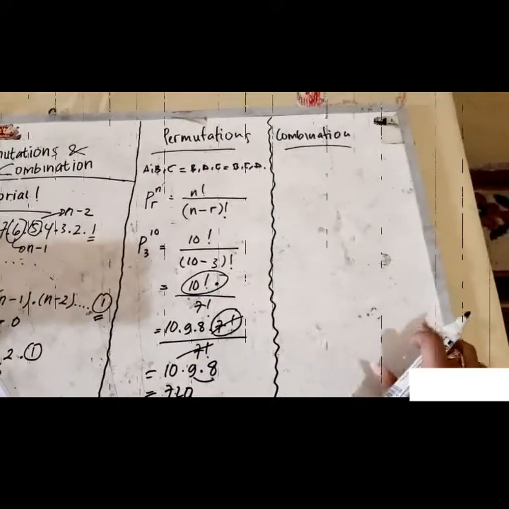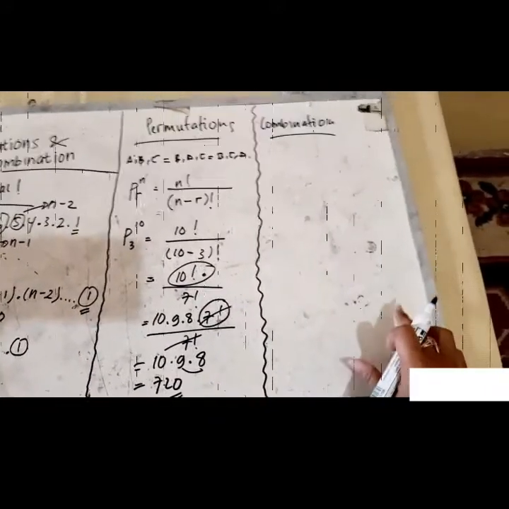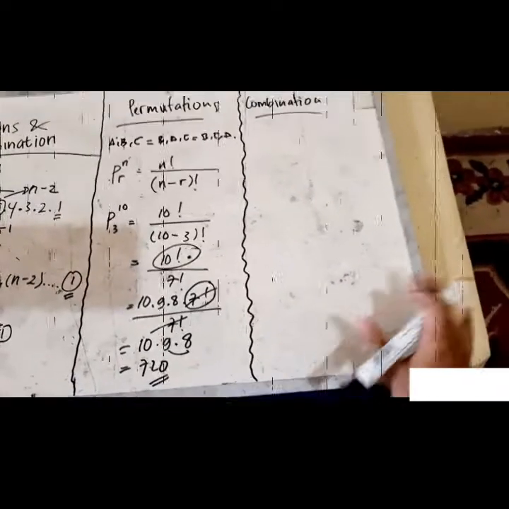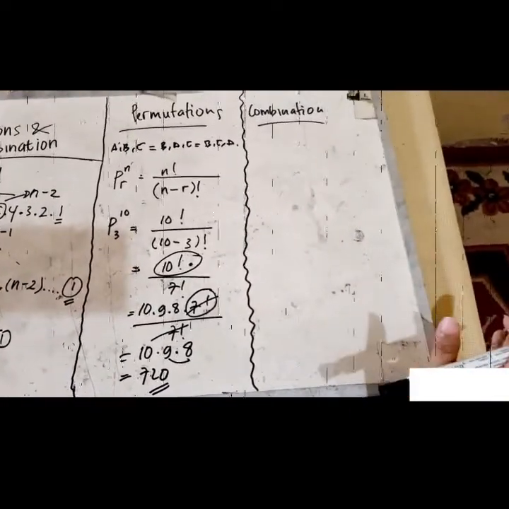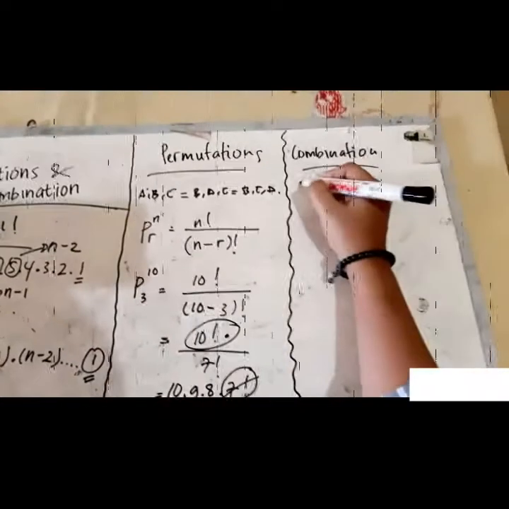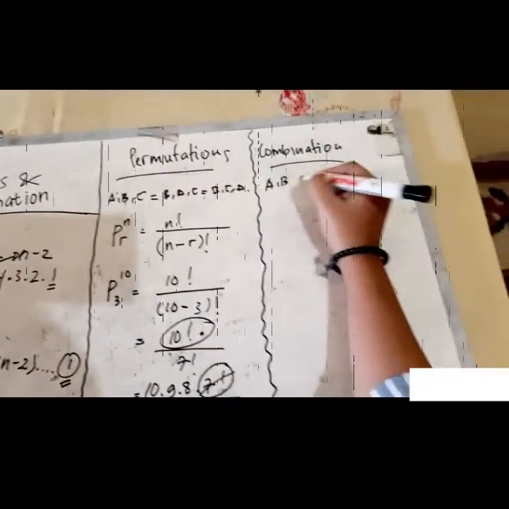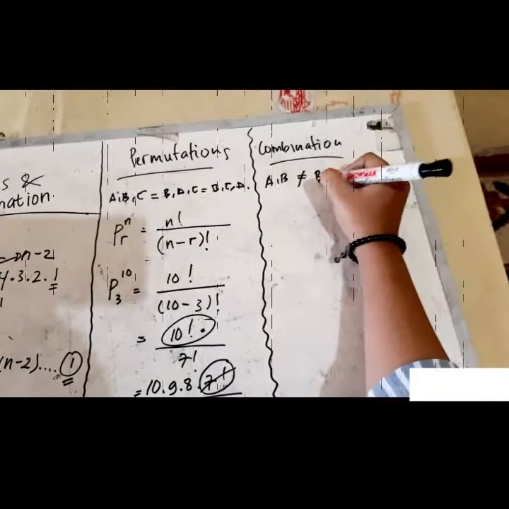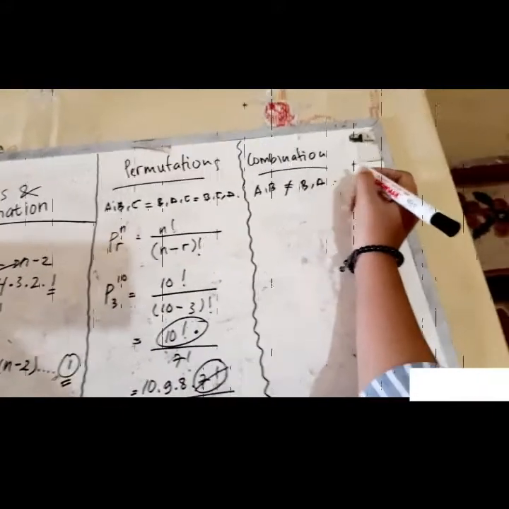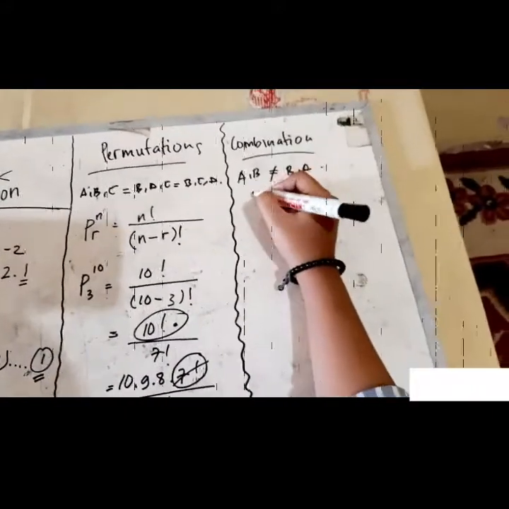And then we use combination when the event does not pay attention to the order, that means A, B is equal to B, A. It's the same.